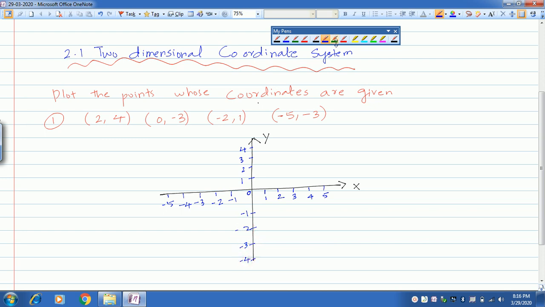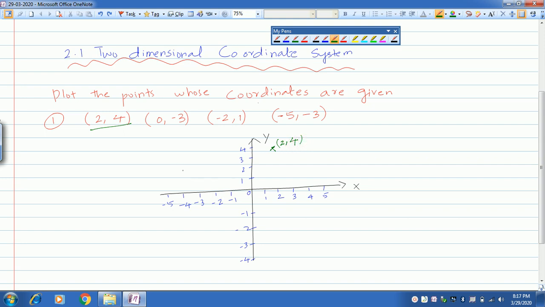Just you have to plot the graph. What are the plottings? Here the first one. This is x and y given. X equals 2, y equals 4. So this is the point. You have 2 comma 4. What about the next point?